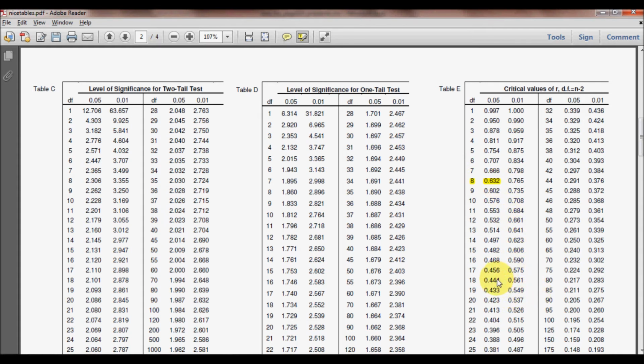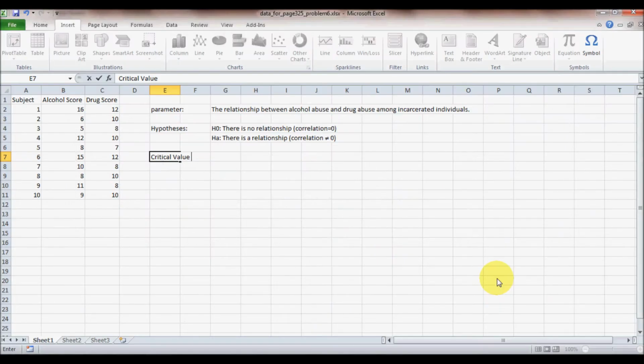You'll get that from table E in your book. So the critical value for R, R crit, with 8 degrees of freedom, is 0.632.